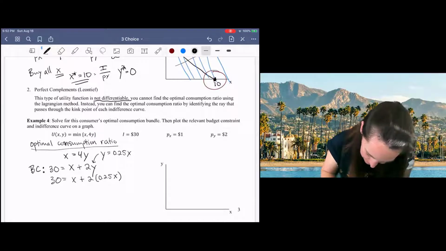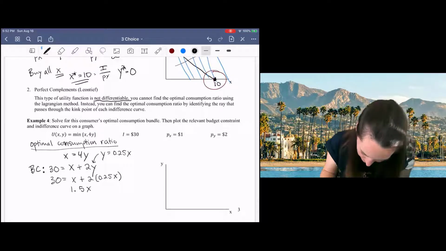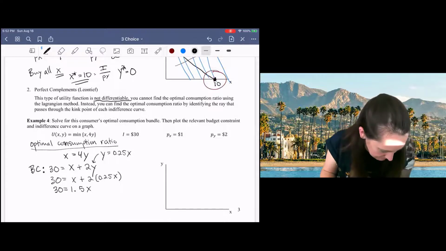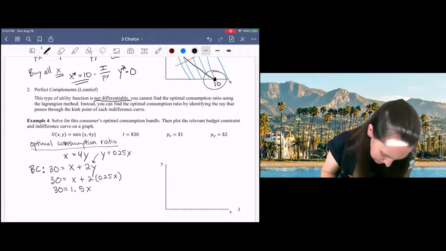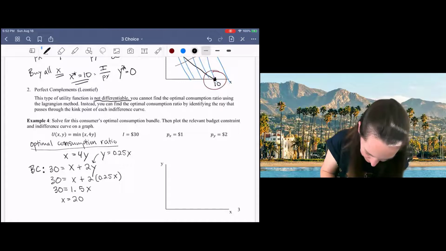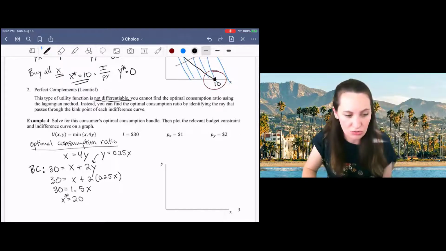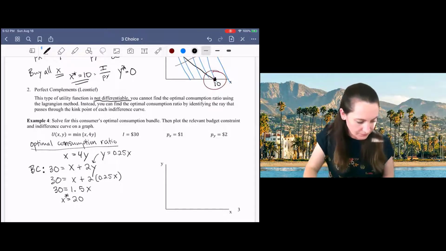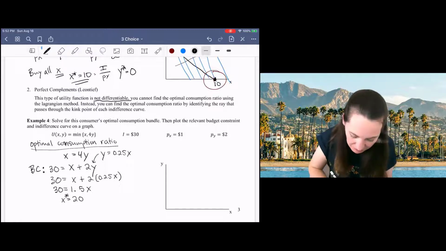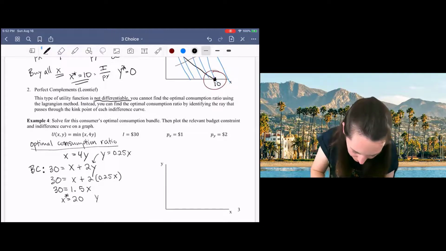So that's 1.5x equals 30. So I divide and I get x is equal to 20. Then I can plug that back into my optimal consumption ratio here to see that y will equal 5.